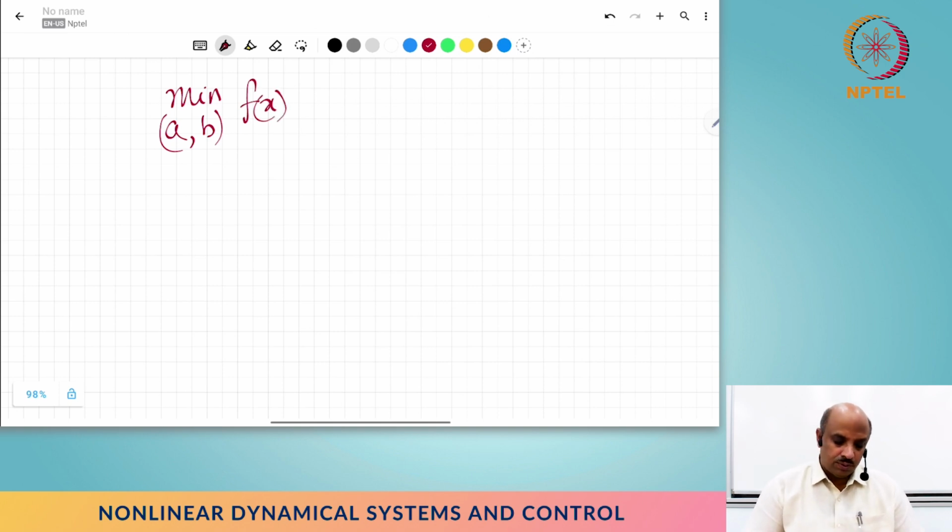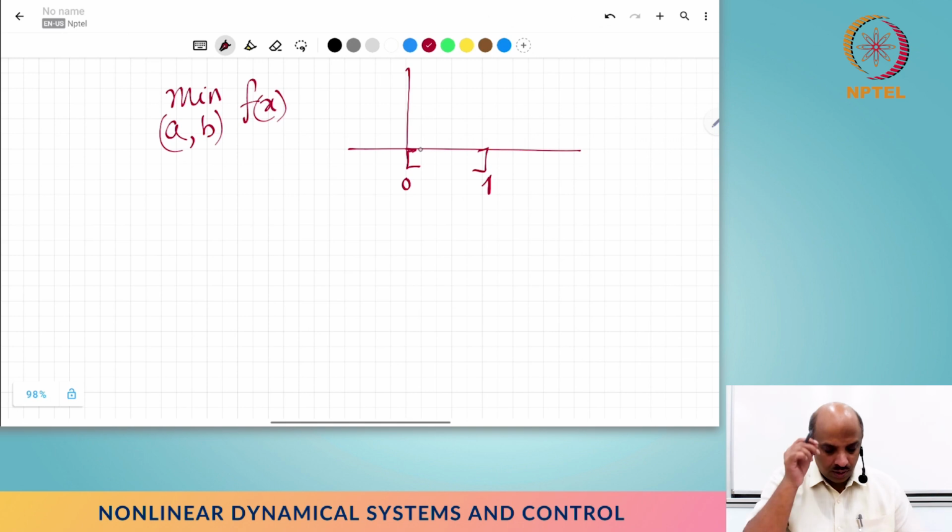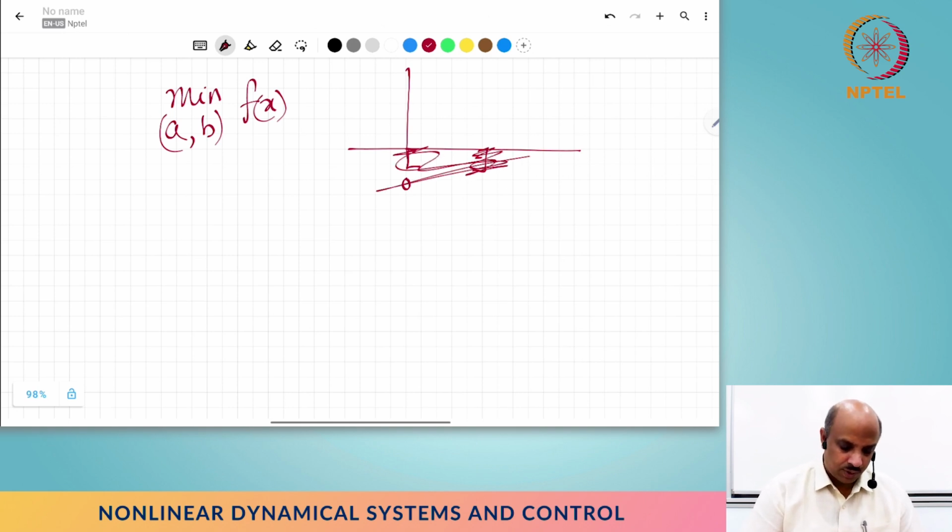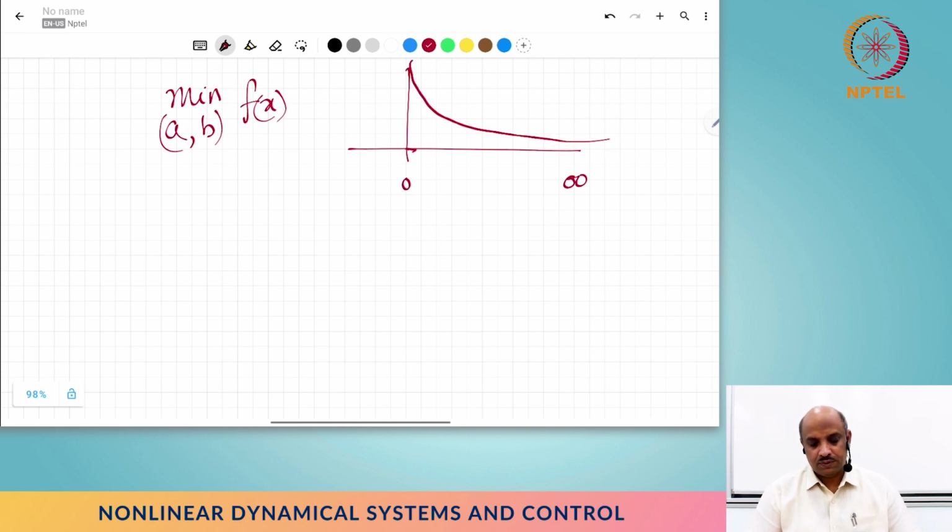Okay, so suppose, let's make it simpler, the interval is (0, infinity), and then imagine a hyperbola, something like this, right?